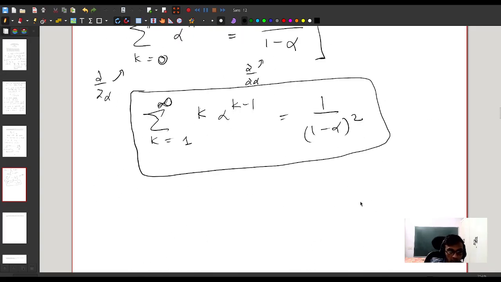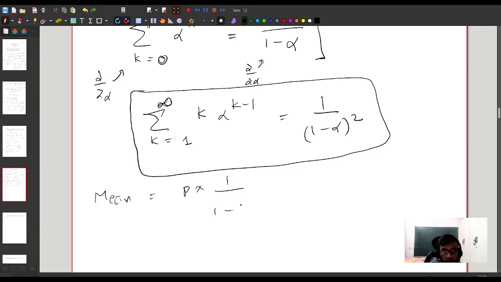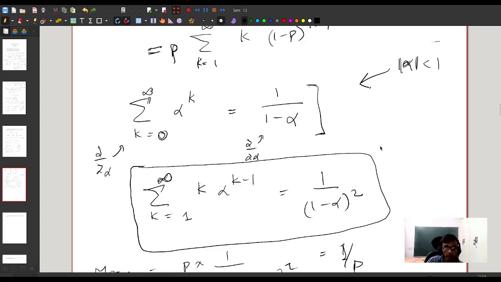So the mean of this distribution would be p times 1 over (1 minus p) whole squared, which is 1 over p. So that is the mean of the distribution.